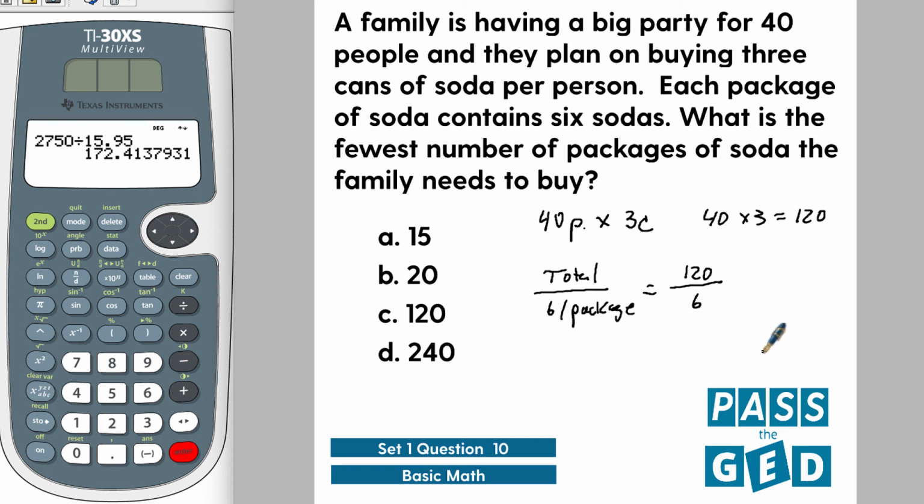So it's like you're going to the store, you need to buy 120 cans, and they come in packages of 6. We're going to divide 6 into 120. 6 goes into 12 2 times. And then you have another 0, so this actually represents 20. And our answer here is B.